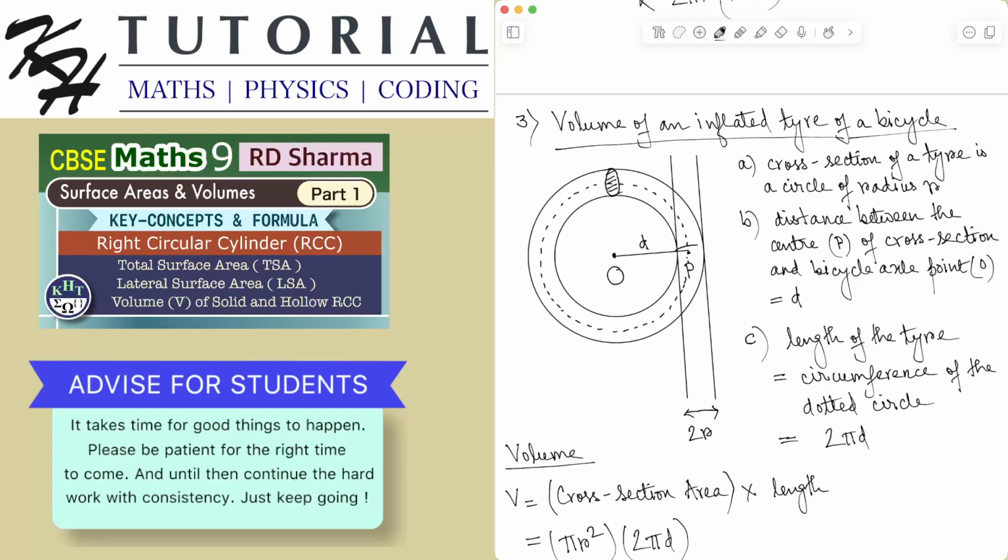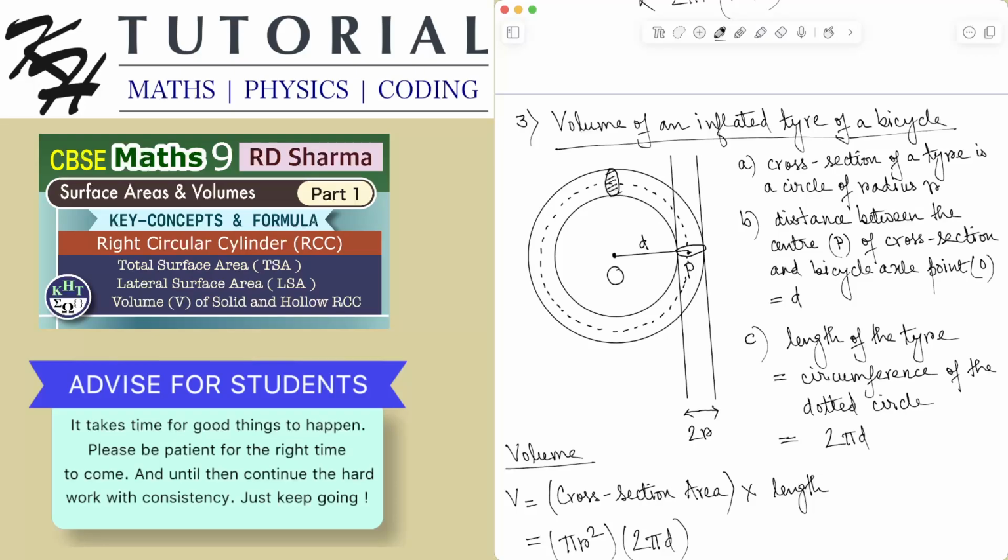Consider this cross section, P is the center of the cross section of the tire. The point O is the axle of the bicycle, and the distance OP between the center of the cross section of the tire and the axle will be given, which is D. Then you will be asked what is the volume of the inflated tire.